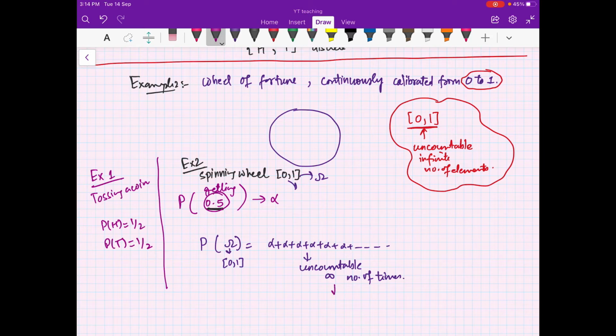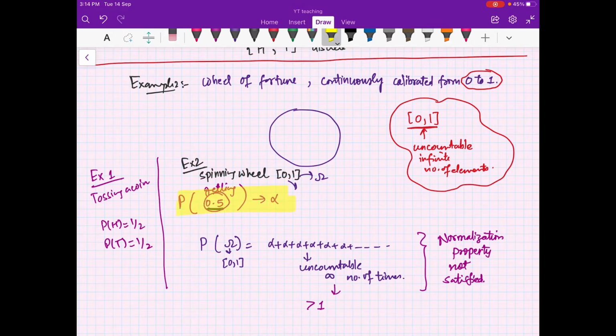So this number will surely be greater than 1. So this contradicts our normalization property. So the normalization property is not satisfied.